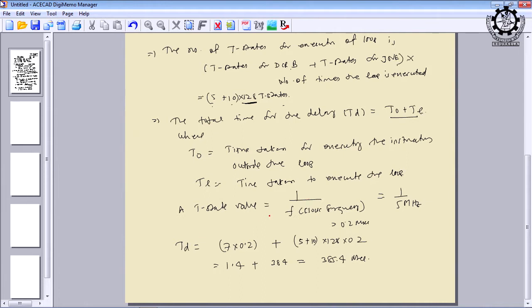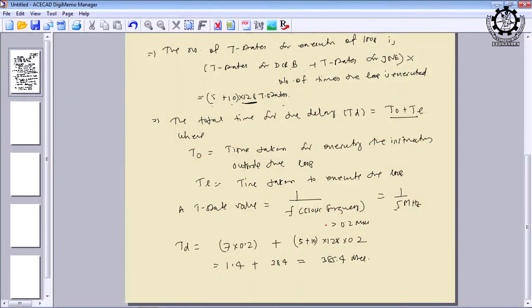If the clock frequency is given for a microprocessor, we can find out the T state. Since we are discussing the 8085 microprocessor, the clock frequency is 5 megahertz. Is it okay? And 1 by 5 is equal to 0.2 microsecond. Is it clear? Suppose you go for higher versions of microprocessors like 8086, 286, 386, this time will be further reduced.